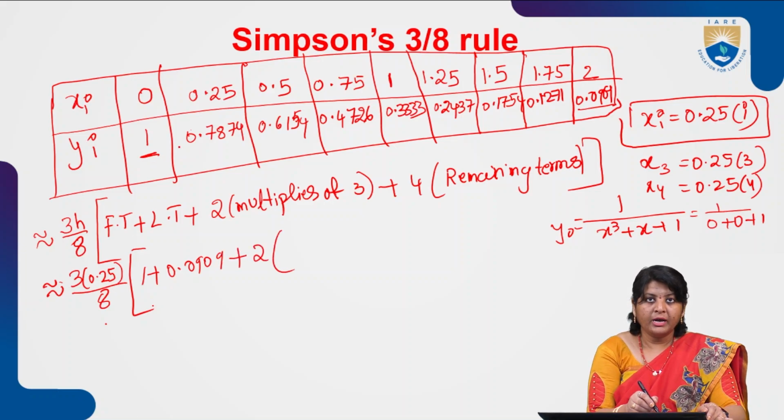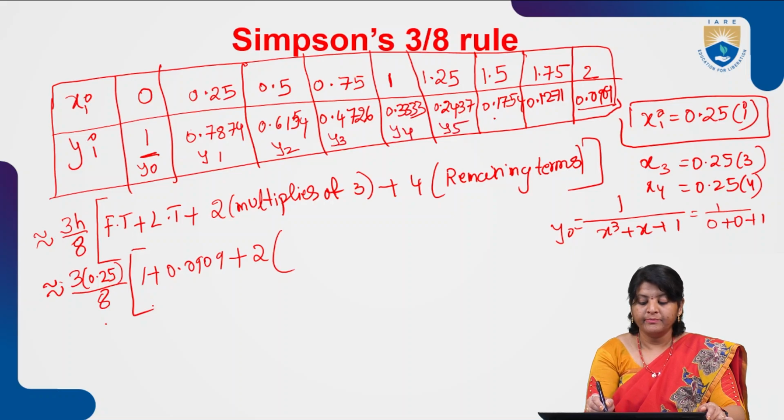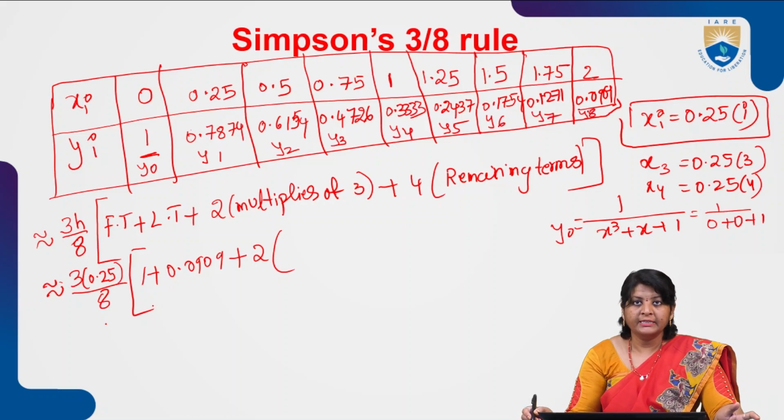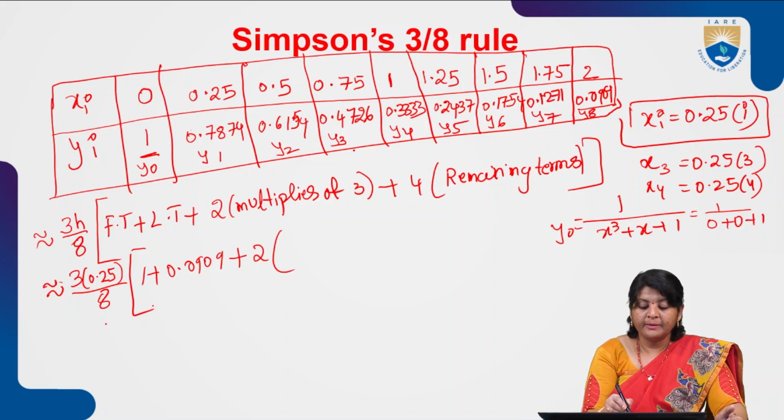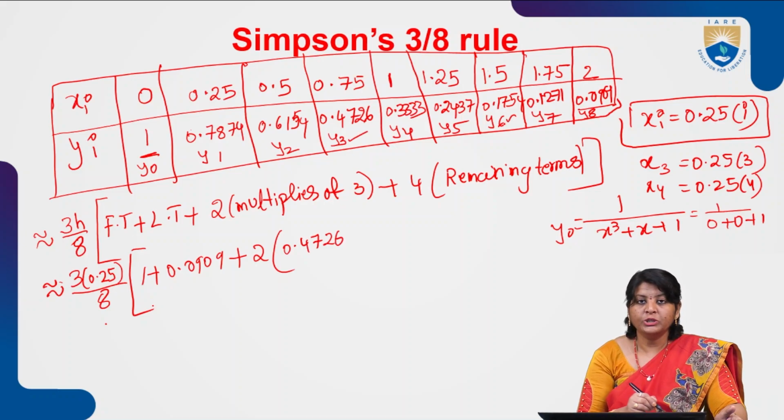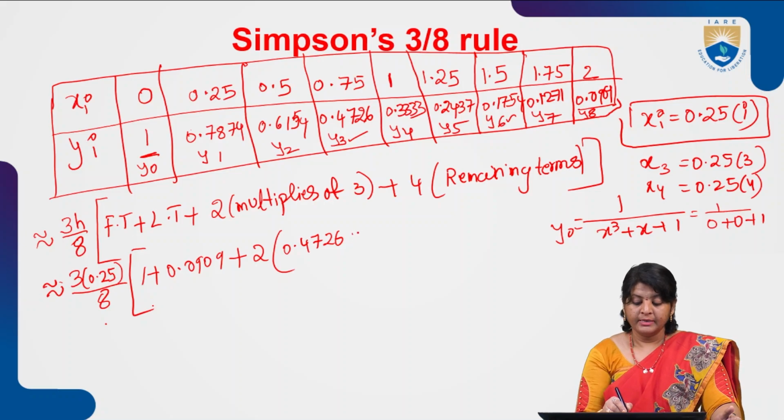As you observed here, this is y0, y1, y2, y3, y4, y5, y6, y7, y8. If you observe here, the multiples of 3 are 0.4726, that is y3, and next y6. These two terms are multiples of 3.